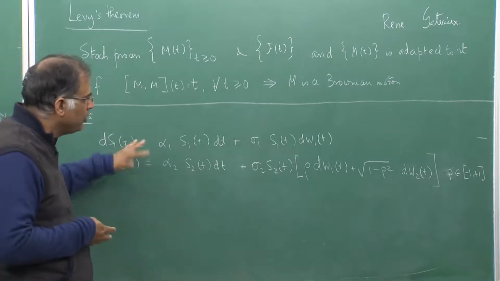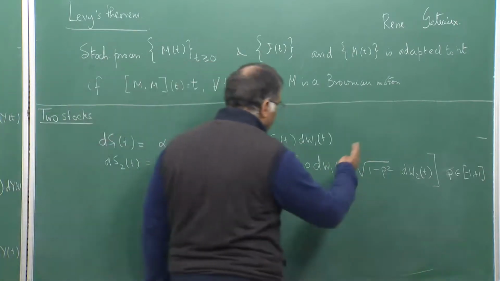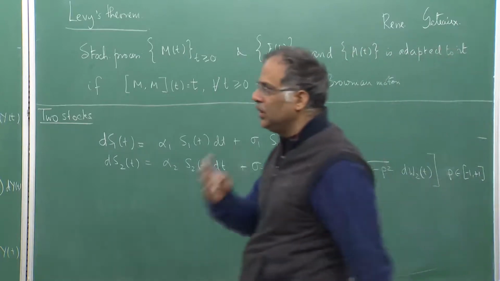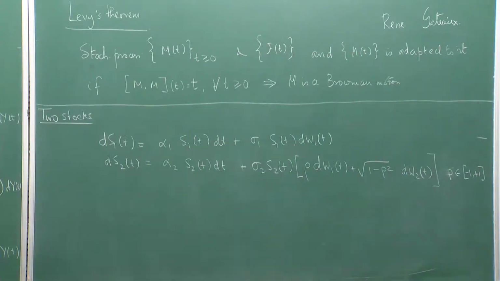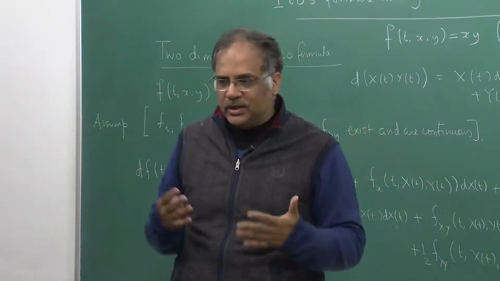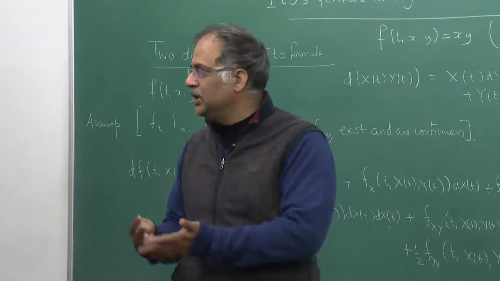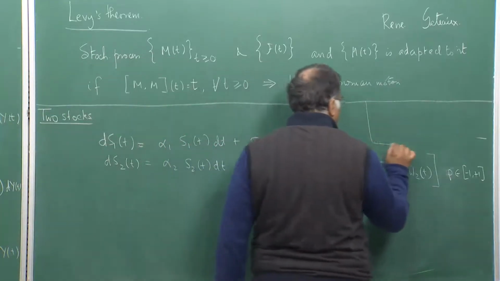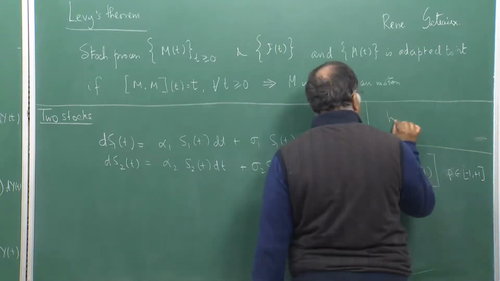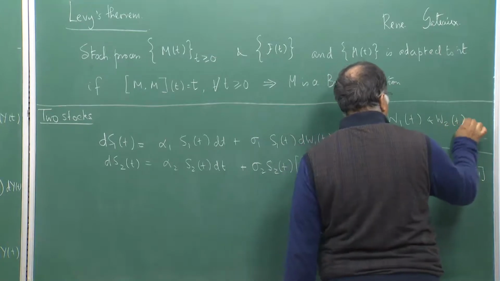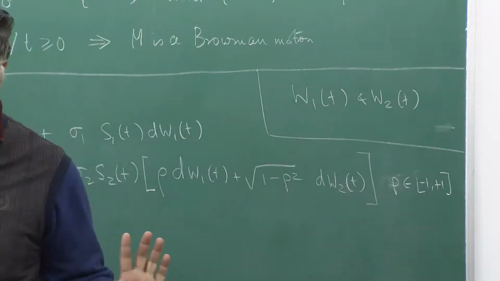Here it seems that this process depends on W1t and W2t, but when you write this vector Wt as W1t, W2t, each of these are independent processes. W1 is independent from W2. So, the important thing to remember is that W1t and W2t are independent processes, they are not correlated here, okay.